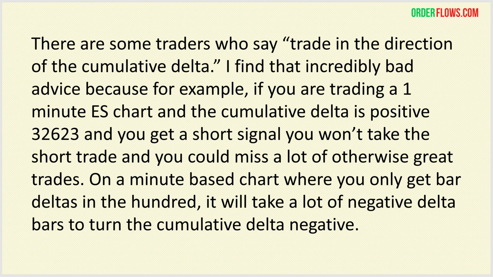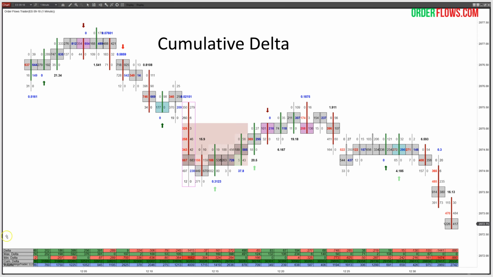On minute-based charts, where you get deltas per bar in the hundreds, it's going to take a lot of negative delta bars to turn cumulative delta negative. For example, this is a 1-minute E-mini chart, and cumulative delta is negative 30,000. You're only getting a couple hundred delta, positive or negative. So it's probably not going to go positive after a certain point, because it's already strongly negative, accumulating all session up to this point.